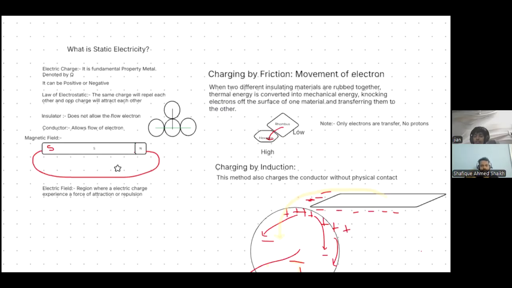Definition. And you can give example as object also. Electrical insulators are substances that don't allow the flow of electrons because they are tightly bound together. Okay. And some examples are glass and plastic.